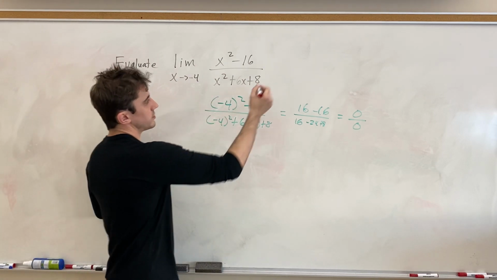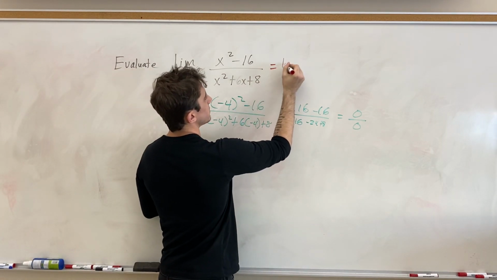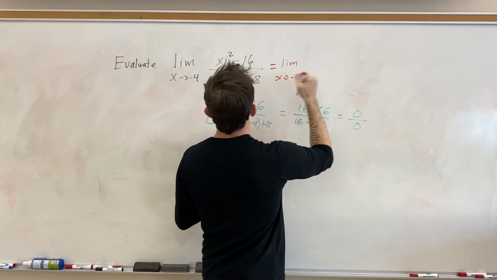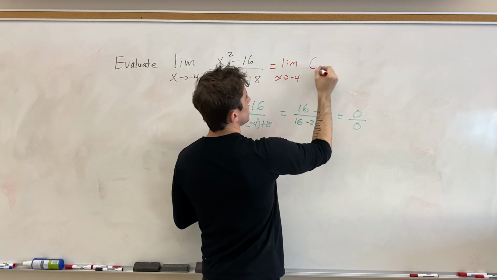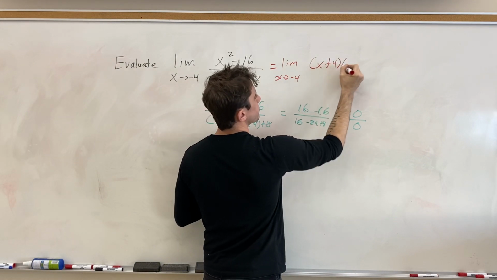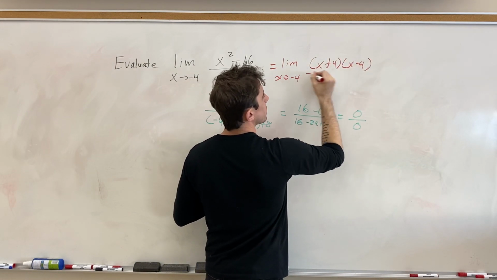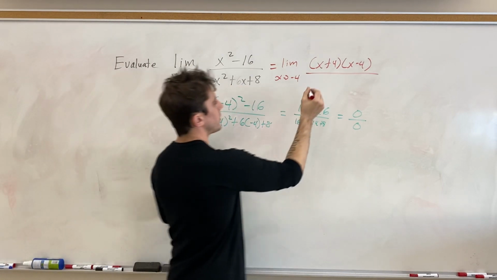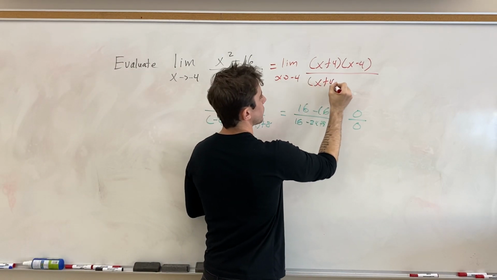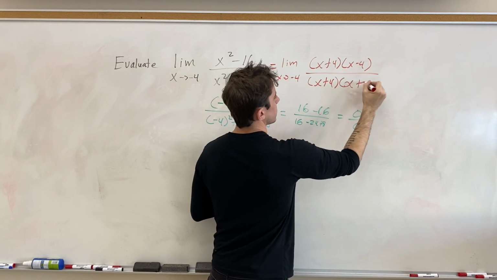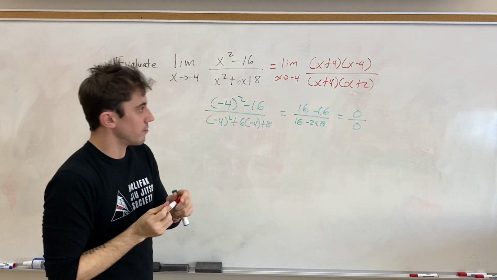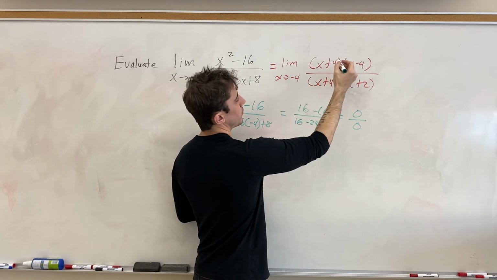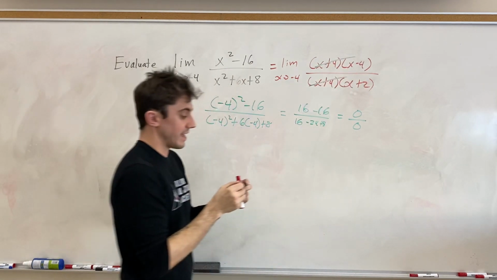So if we go ahead and do that, you'll notice that this is really the limit as x goes to -4 of a difference of squares, which means we can factor as x plus 4, x minus 4, all over an easy trinomial that factors as x plus 4, x plus 2. And now, right, we see that they have a common factor of x plus 4, and so we can get rid of it, cancel it out, right?